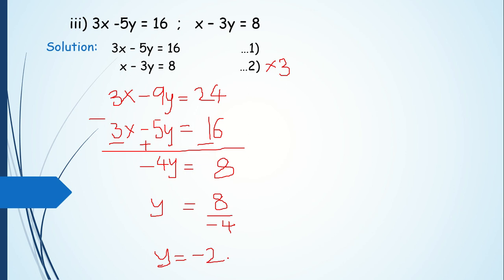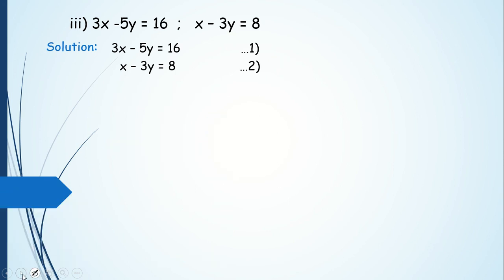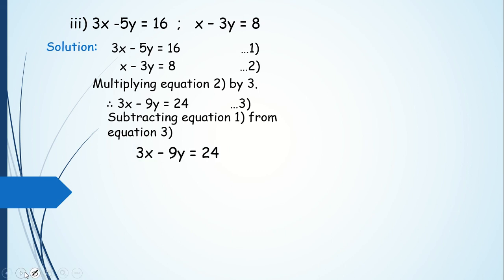Now y is equal to minus 2, we can substitute in equation number 2 and we will get the answer. Let's see. Multiplying equation number 2 by 3, we get 3x minus 3 3s are 9y is equal to 24. Subtracting equation number 1 from 3. So 3x minus 9y is equal to 24, minus 3x minus 5y is equal to 16.